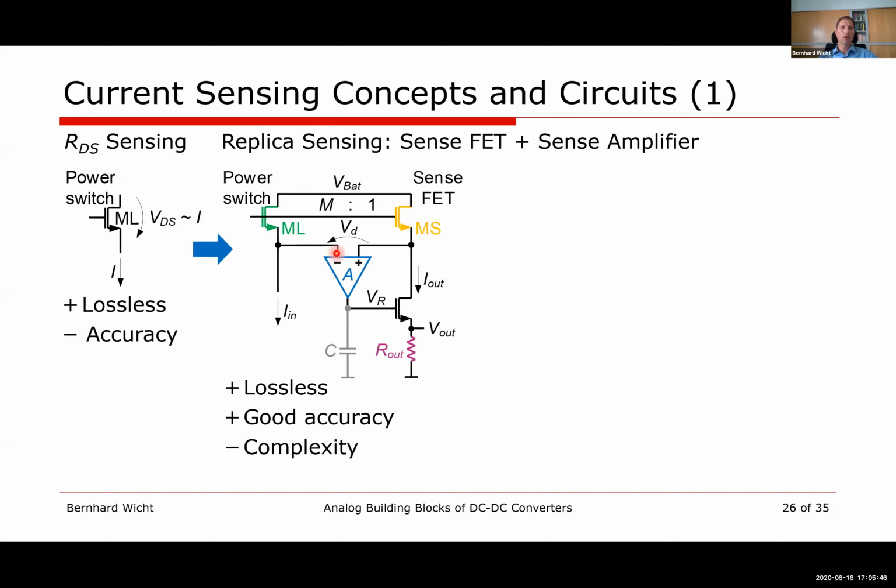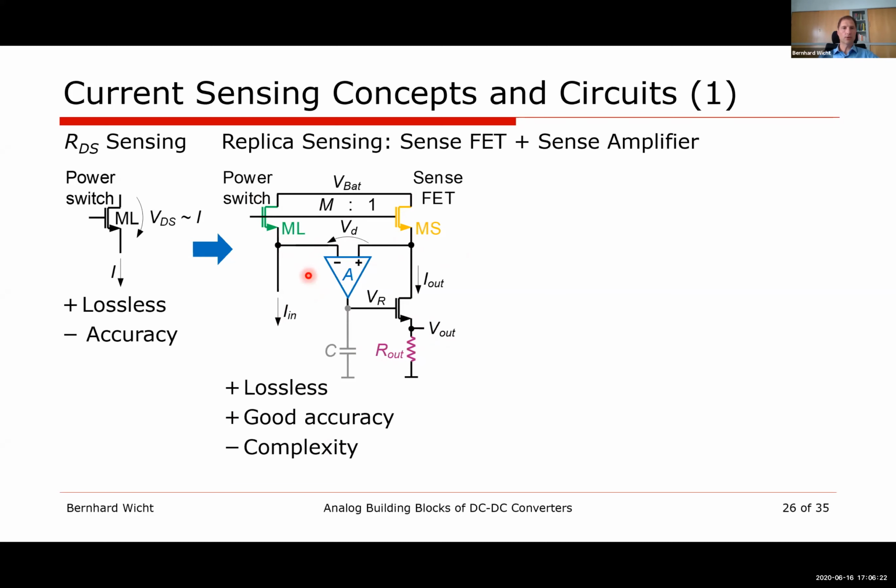And now there is a control loop which equalizes or aims to equalize the voltages at both sides here. And if we achieve that, we can do the calculation that our current that flows here at the output is 1 over M of the input current. This output resistance converts it to a voltage which is ground referred and is a measure of our input current. So that's the concept. It works nicely. It's just a little bit more complex.